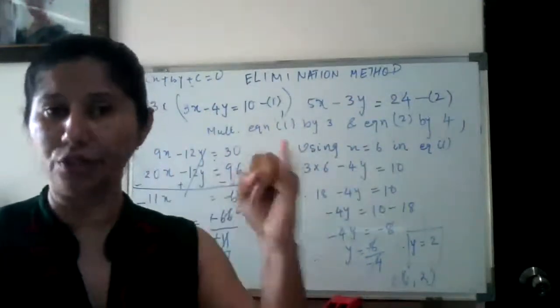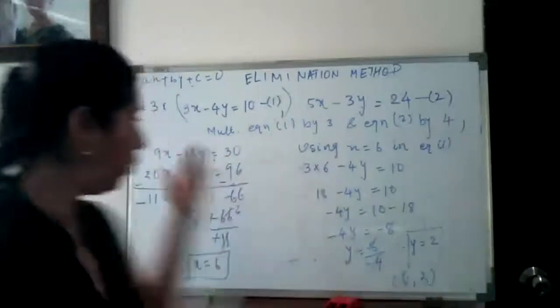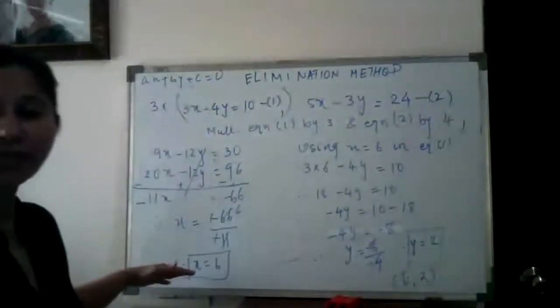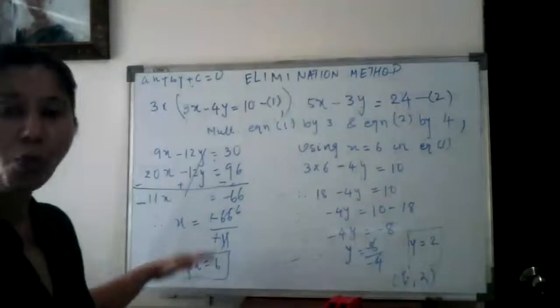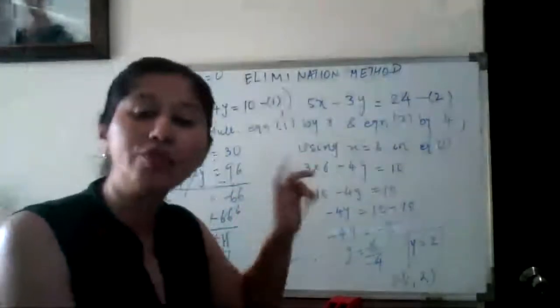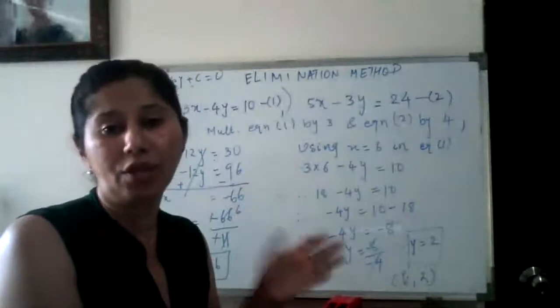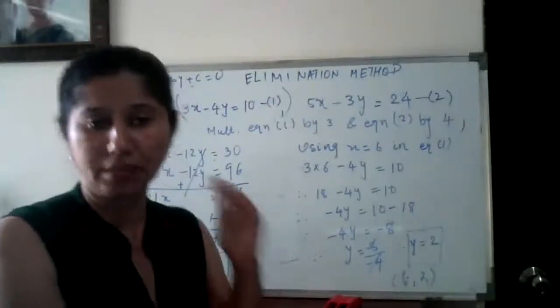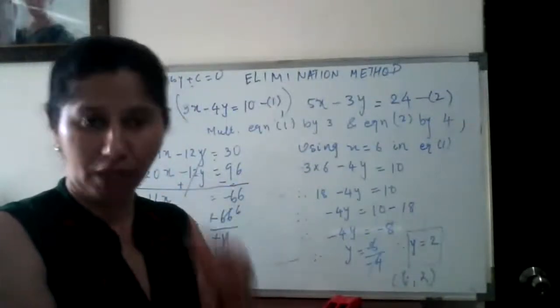Then by addition or subtraction, we get rid of one and we get the value of one of the variables. Once we get one variable's value, we substitute in any one of the equations and we get the value of the other variable. These are the steps to follow. I hope I'm very clear with it.